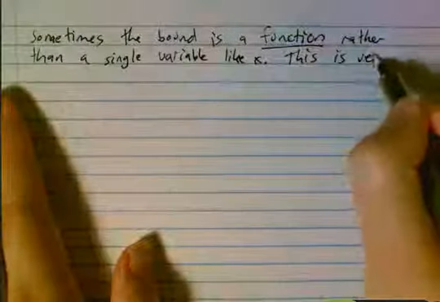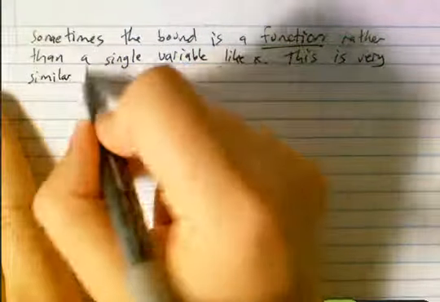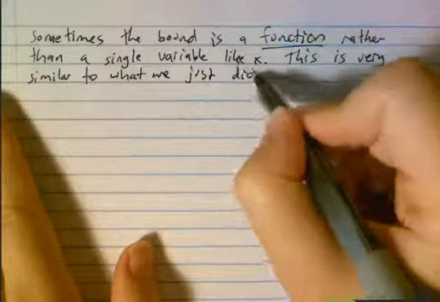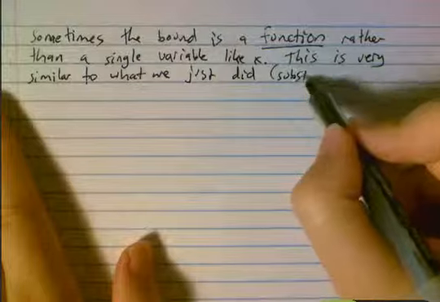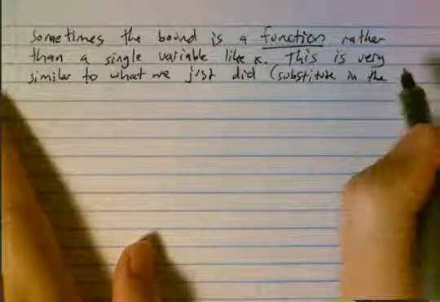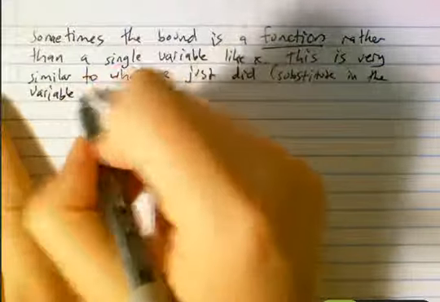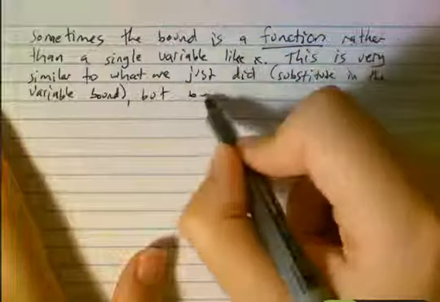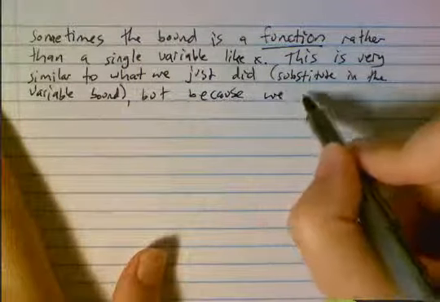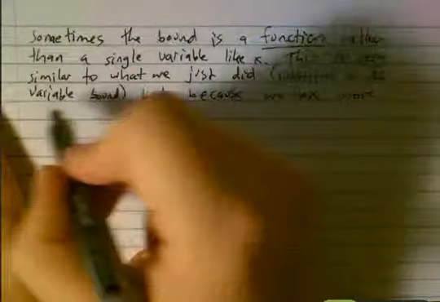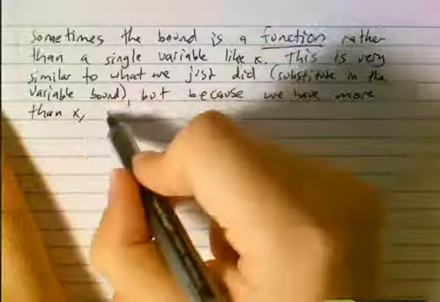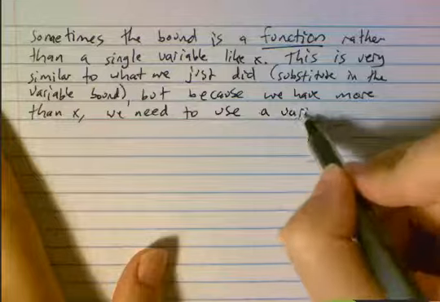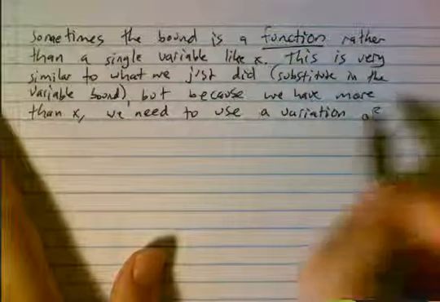This is very similar to what we just did, namely substitute in the variable bound, but because we have more than x, we need to use a variation of the chain rule.